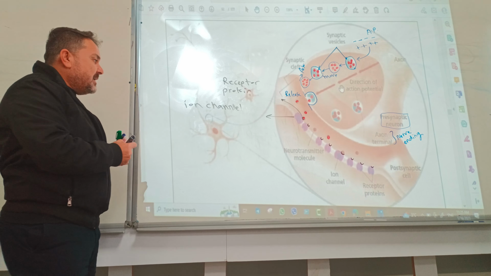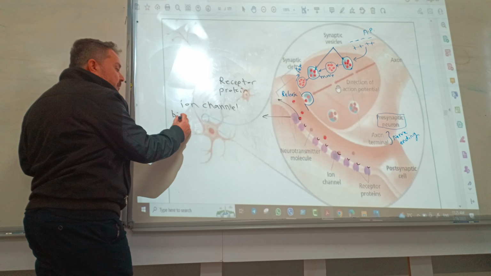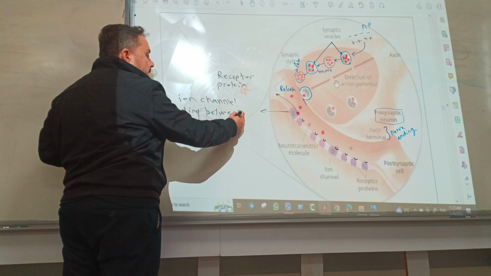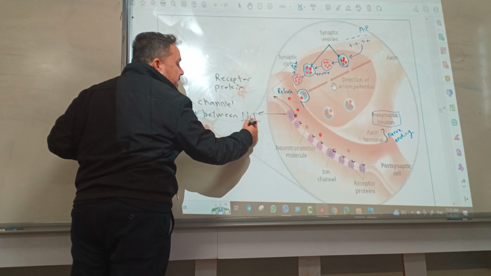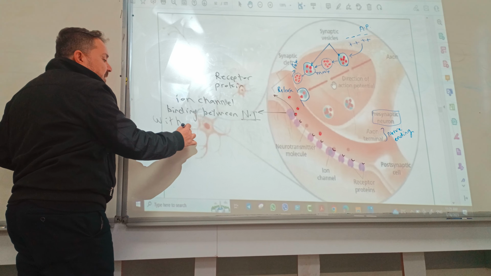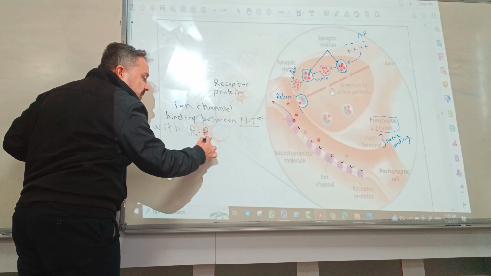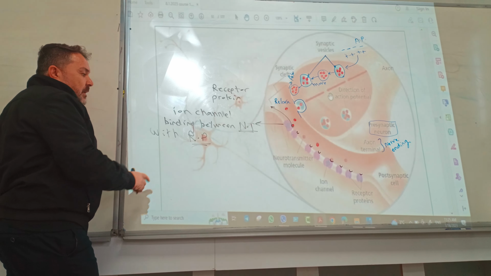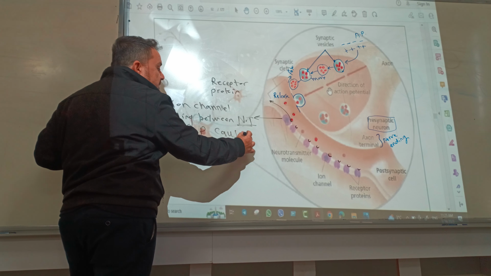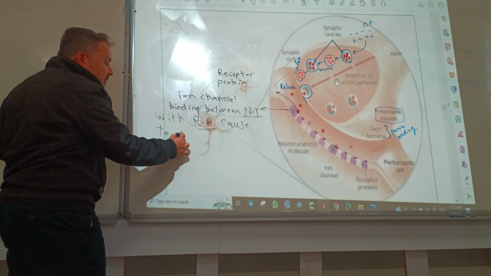So binding between neurotransmitter, this is the abbreviation for neurotransmitter, and receptor protein, for saving our time, causes what to open?